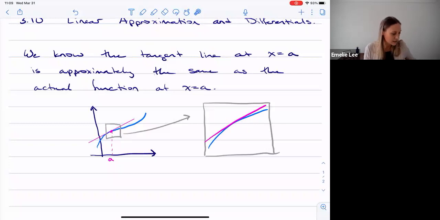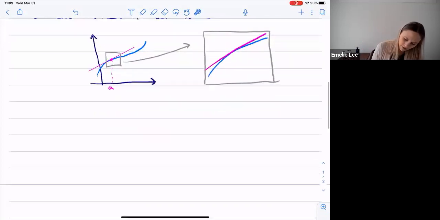So let's see here. What we can do is, if this function, this blue function, is difficult to evaluate, what we can do instead is say, okay, how about I just make a series of tangent lines and do approximations of the function, right? So in theory, you could do little tangent lines all the way along and approximate the function. Okay.